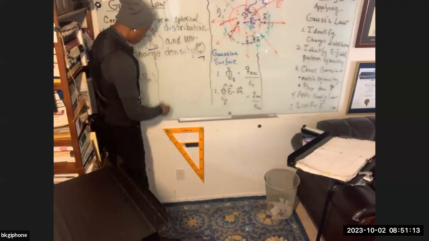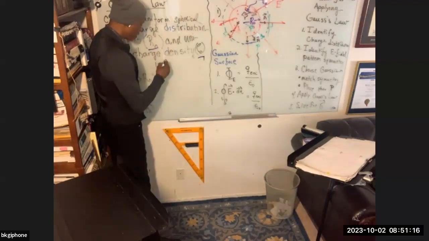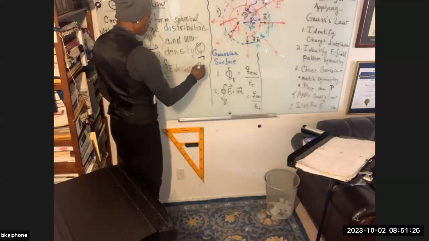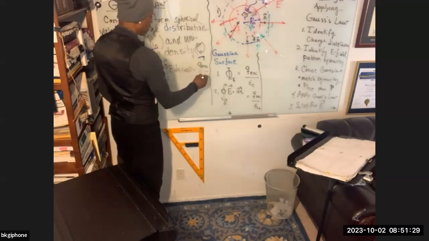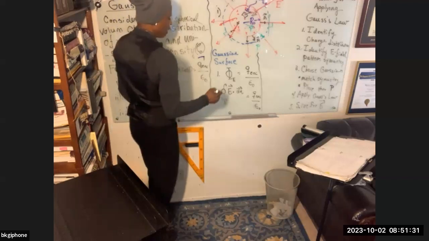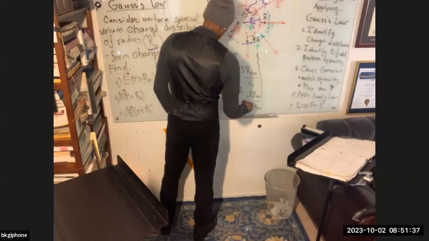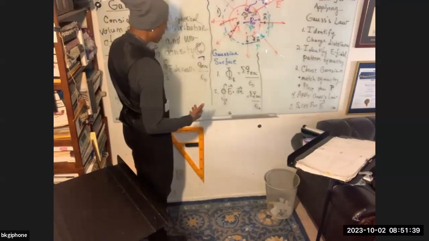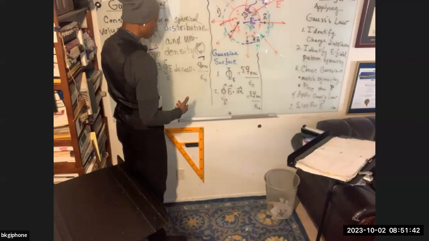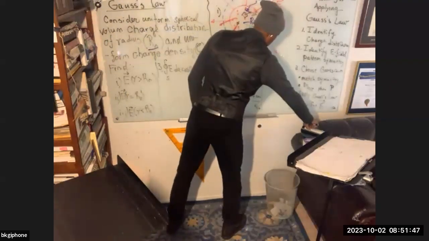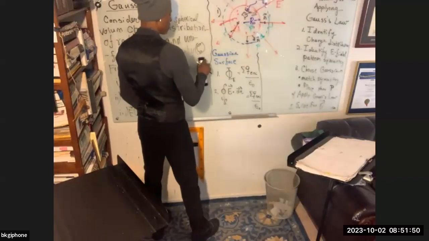So, the integral over the closed surface of the magnitude of E, the magnitude of dA, cosine of 0, equals the total charge enclosed divided by epsilon naught. Sometimes you see a summation sign out front because it implies that you've got to add up all the charge inside, and sometimes charge is discrete.